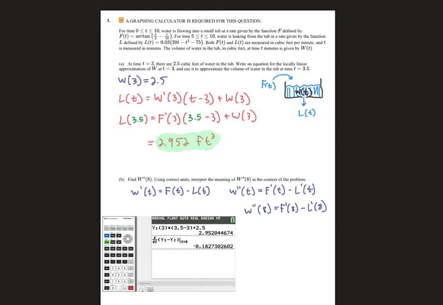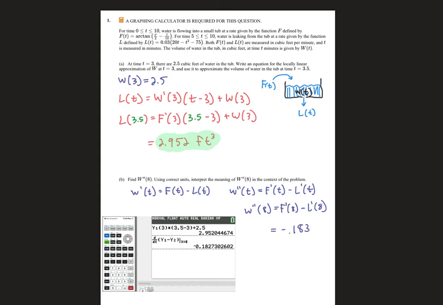Okay, so that equals negative 0.183. Okay, and this is the second derivative of w, which is the derivative of f and l.